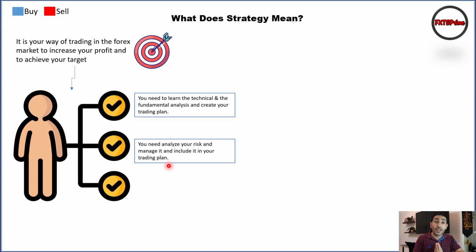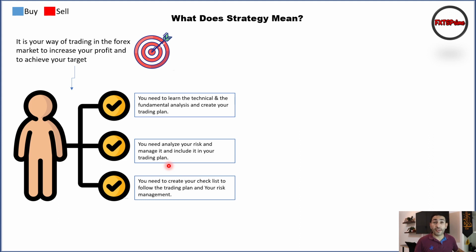The second thing is that you need to know about your risk management. How do I apply my risk management according to my trading account size, the market situation, the fundamental analysis and the technical analysis? We will emphasize this in a bit more detail in a while.